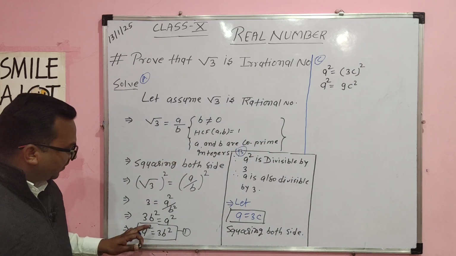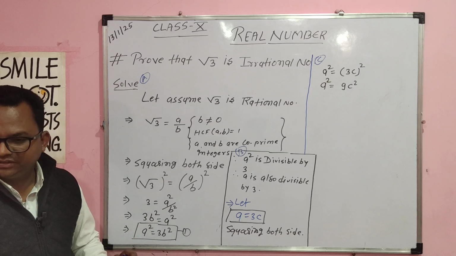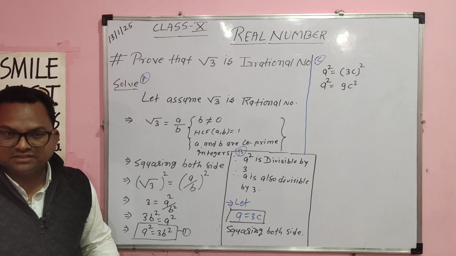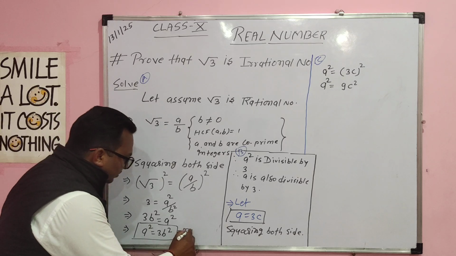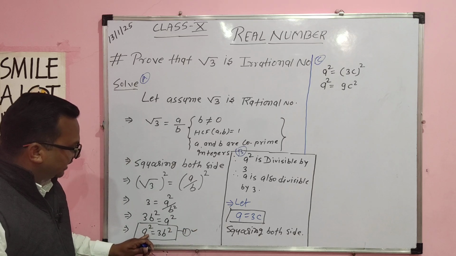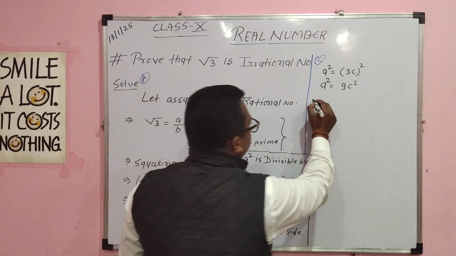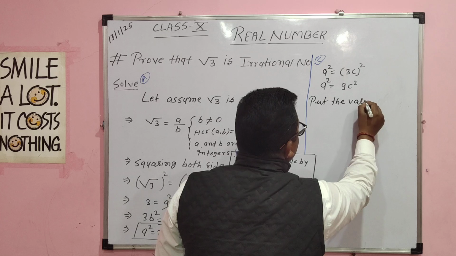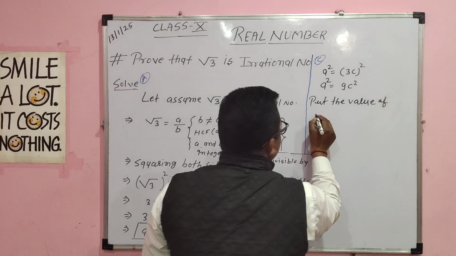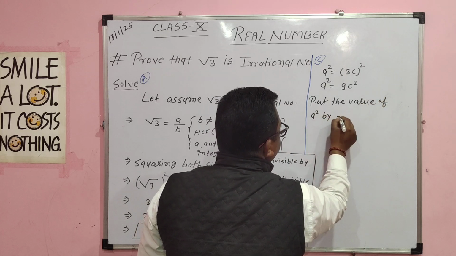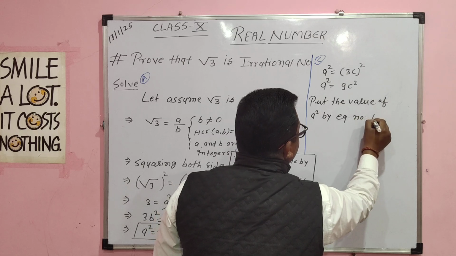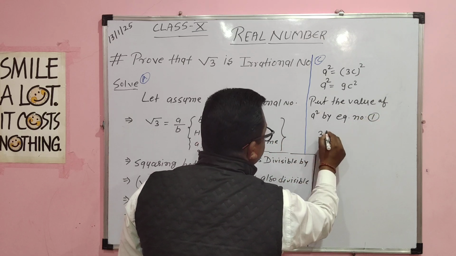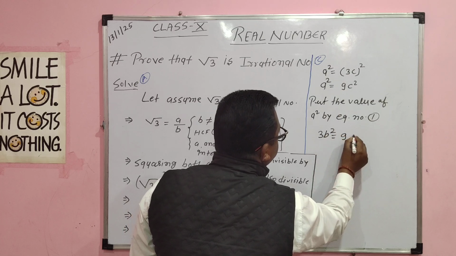So put the value of a square from equation number first: 3b square equals 9c square.